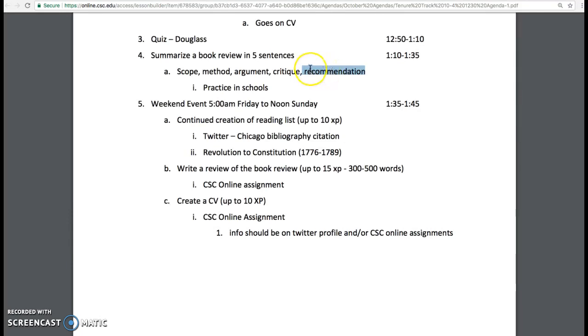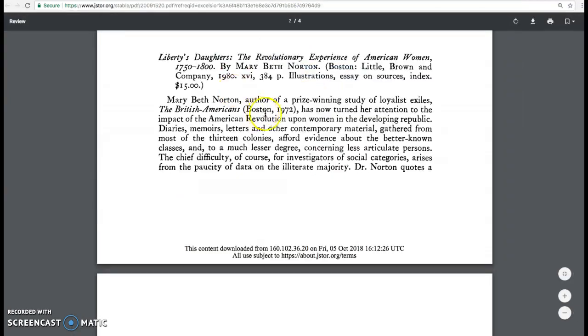Y'all know that. Okay, so now let's look at Mary Beth Norton's Liberty's Daughters, The Revolutionary Experience of American Women, 1750 to 1800. There is kind of your scope. Down here it says 13 colonies, so you know it's all 13 colonies. And then in here it mentions diaries, memoirs, letters, and other contemporary material for better known classes, so elites, and then also the lower classes, the less articulate persons.